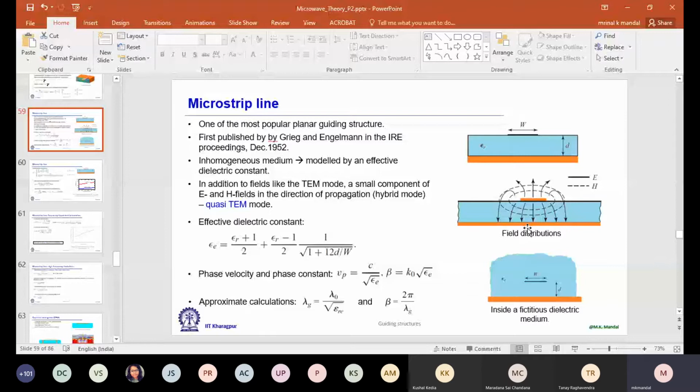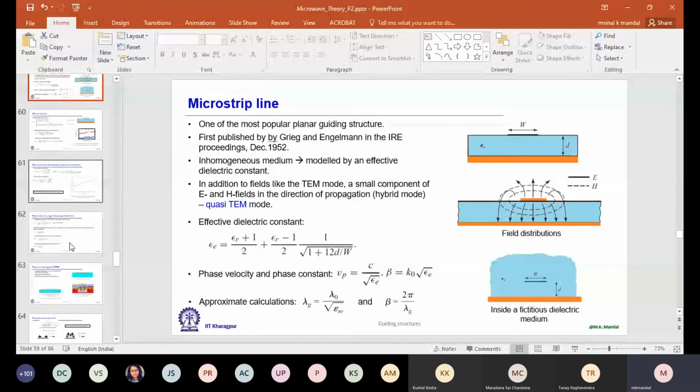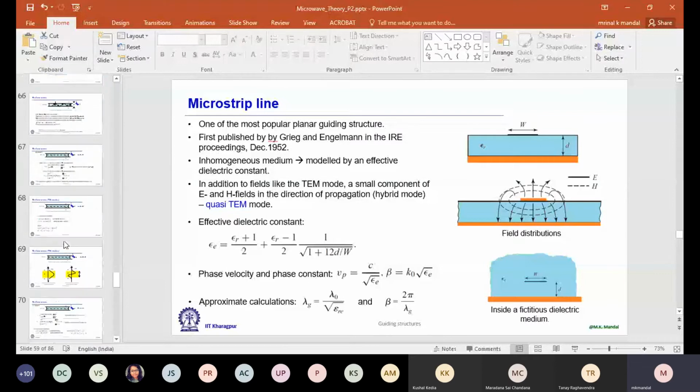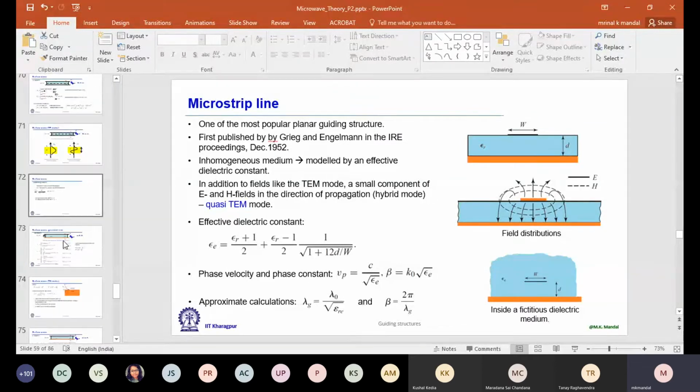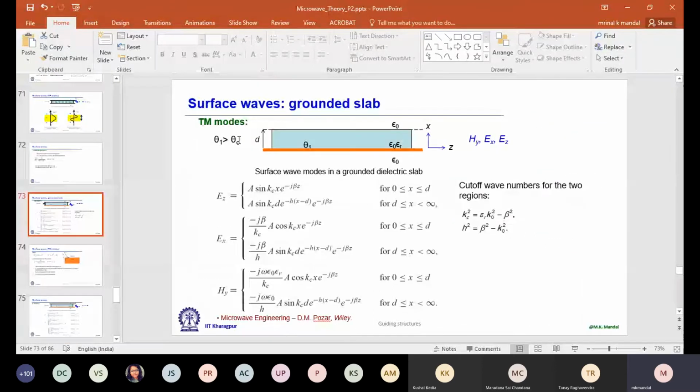So if these two fields are in the same direction, we have obvious coupling, which we can't avoid. So for microstrip line, then we have high coupling or surface wave generation, and that is TM not mode. So this is the main culprit for microstrip line circuit, TM not mode.